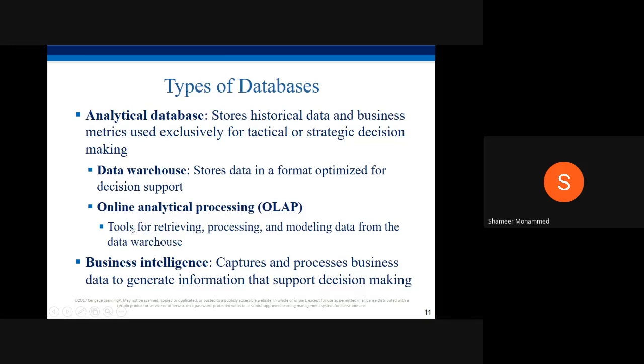These are the tools for retrieving, processing, and modeling the data from the data warehouse, from the store. From the store, you are going to get the data, process the data, and model, design the data. So these all come under the analytical database. Understand?